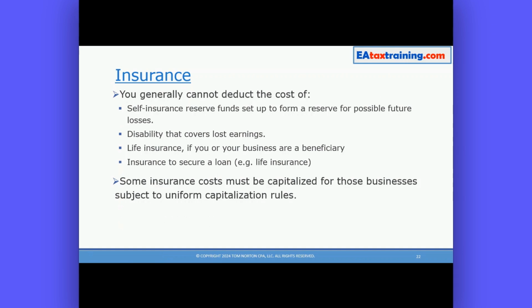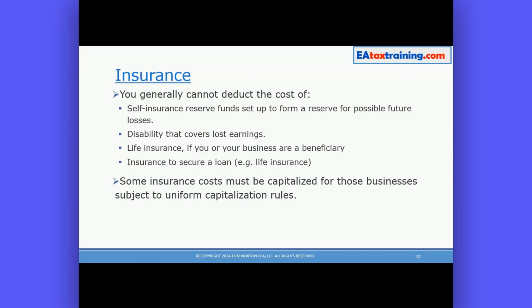Disability insurance that covers lost earnings is not a deductible expense. Life insurance, as we already said, if you or your business are the beneficiary, then you cannot deduct the cost of the life insurance. And similarly, insurance to secure a loan. Sometimes the bank will be afraid that you, as the main guarantor of the loan, might die and that they won't get their money back.